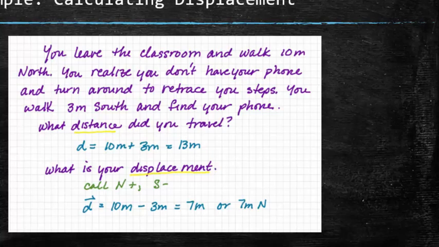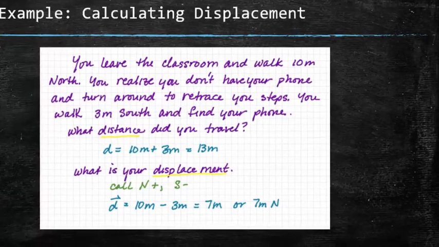So you walk 3 meters south, find your phone. So the distance that you traveled is 10 meters plus 3 meters. It's the whole sum of every step you took. But the displacement is the difference between the two. So you went 10 meters forward, 3 meters backwards. So you're 7 meters north of where you originally started. And that's your displacement.